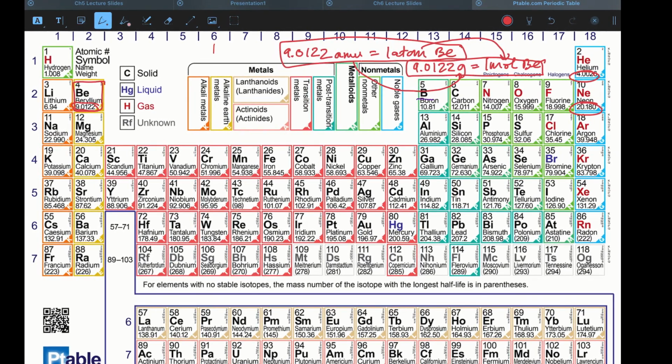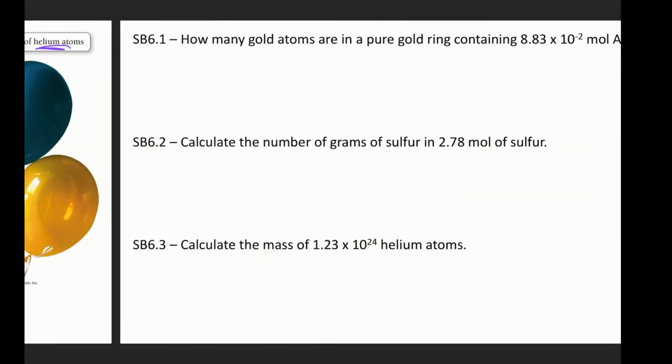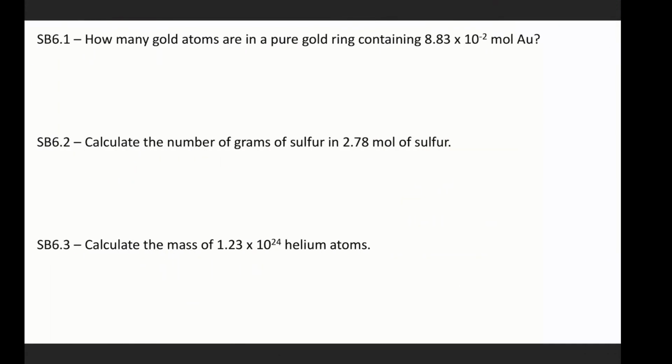All right, so if we go back to our slides, that's where this information comes from, our periodic tables, okay? So let's go ahead and do our skill builders really quickly. How many gold atoms are in a pure gold ring containing this many moles? My given is moles. My goal is atoms. So I just need a relationship between moles and atoms.